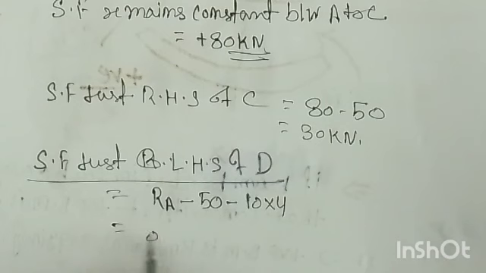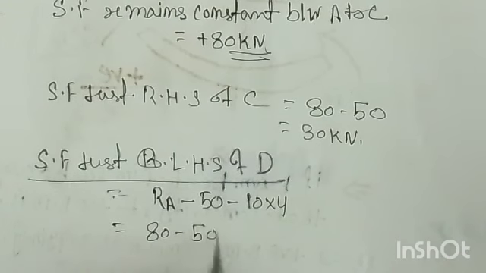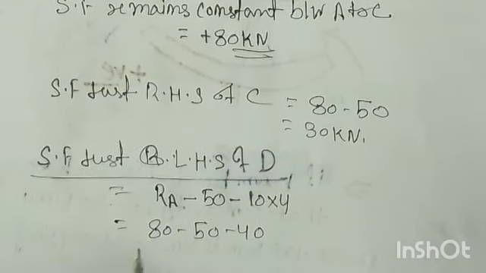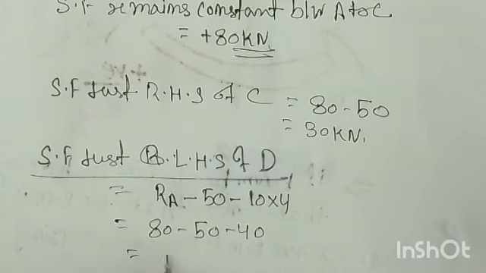RA is 80, minus 50, minus 40, which is minus 10 kilonewton.